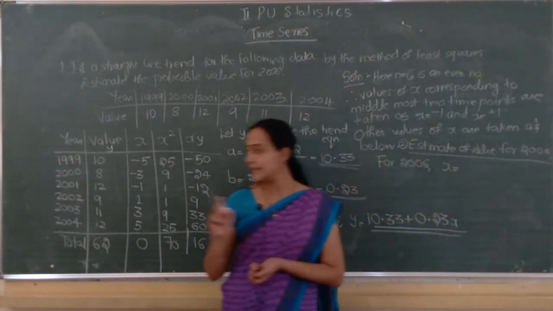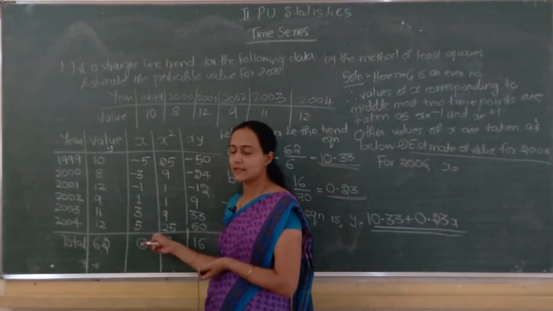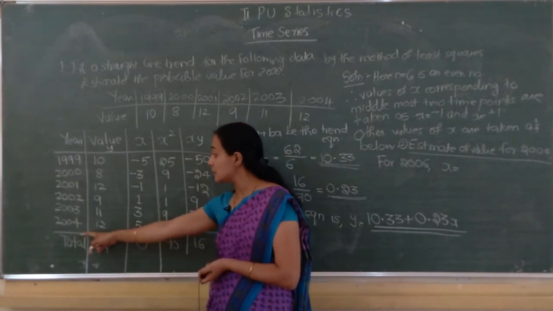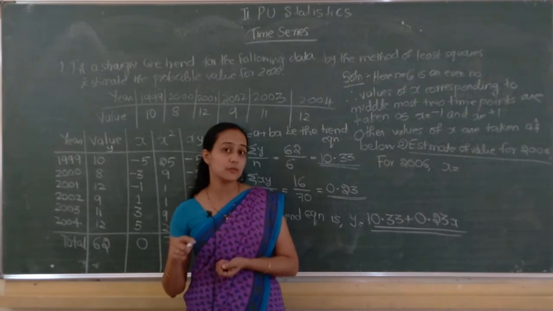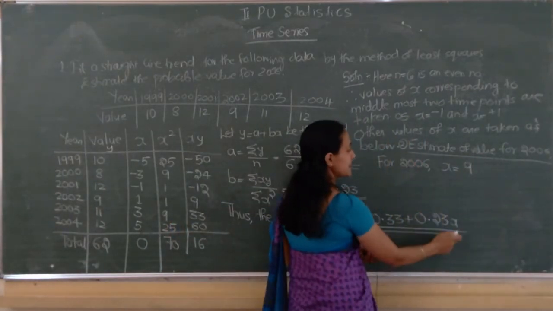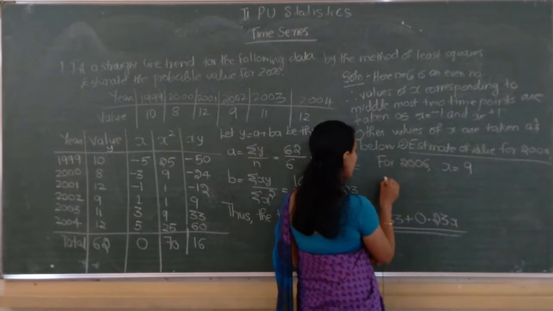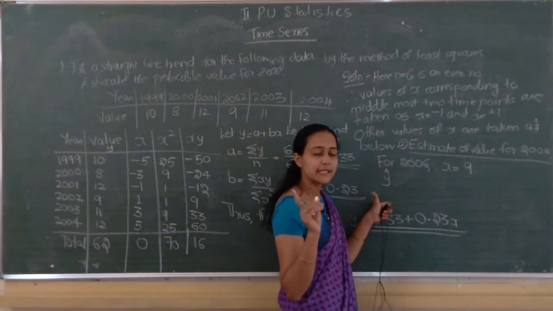I told x values are minus 5, minus 3, minus 1, 1, 3, 5, 2005 is 7, 2006 is 9, so x equal to 9. So put x equal to 9 in this equation. y cap in the sense it is the estimated value.